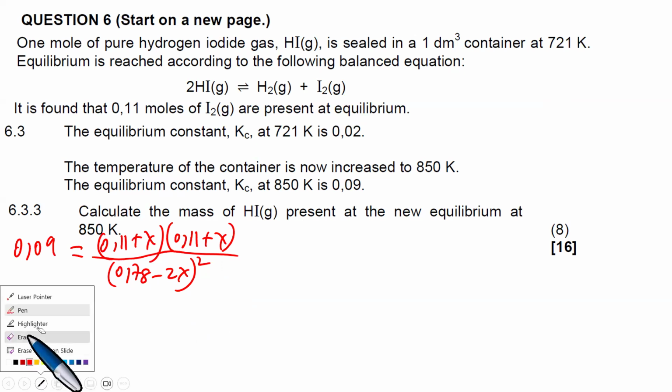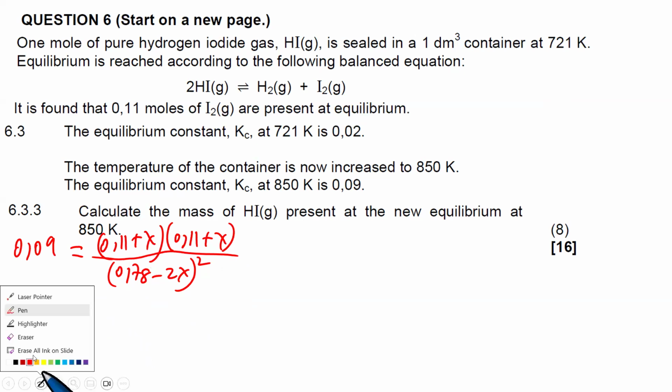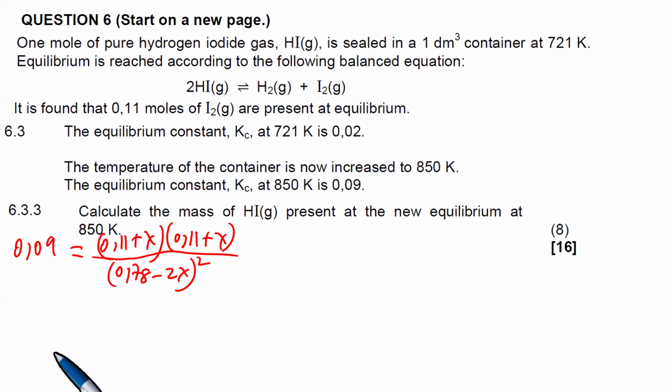0,09. We're just going to indicate this so that you can get an idea of what's happening. 0,11 times 0,11. And then everything else, what do we do here? We can cross multiply if we want.